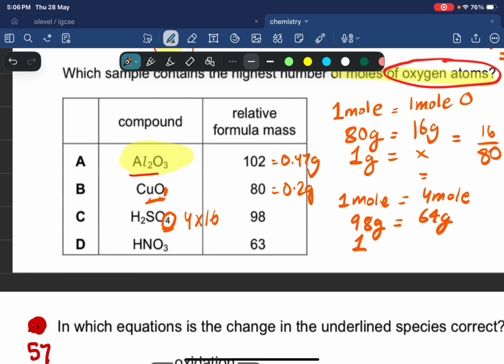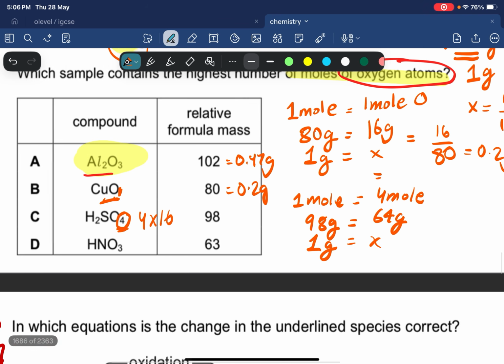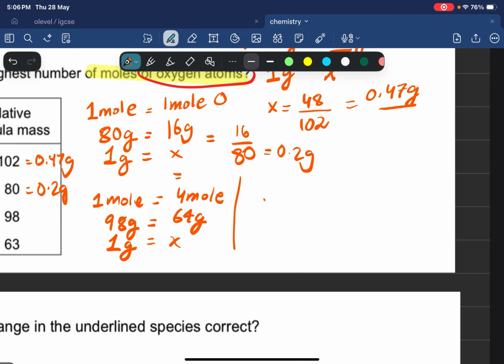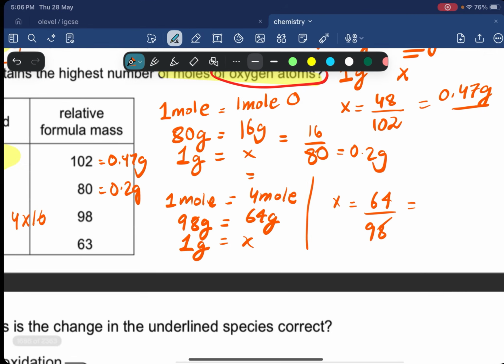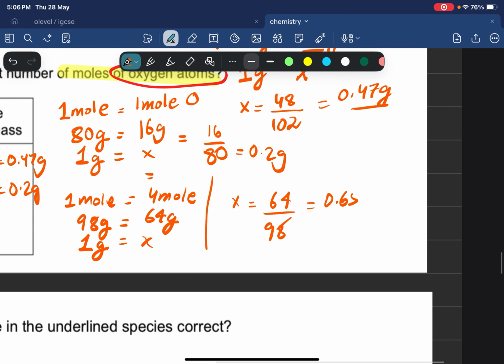So if I have 1 gram of this, I'm going to have X grams of oxygen. The value of X comes out to be 64 divided by 98, and that gives me 0.65 grams of oxygen.